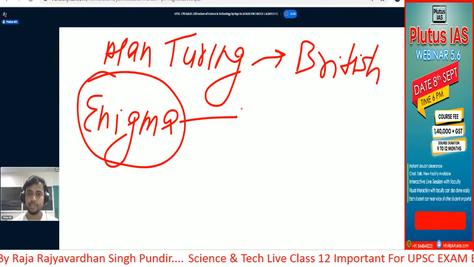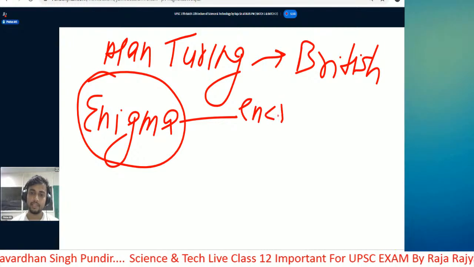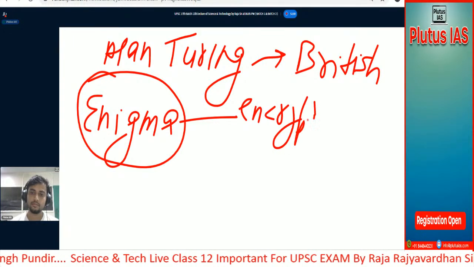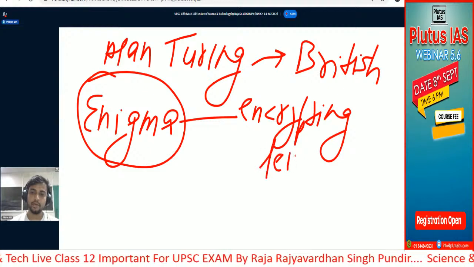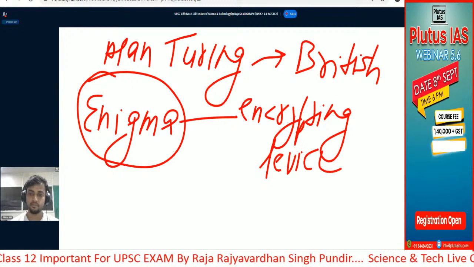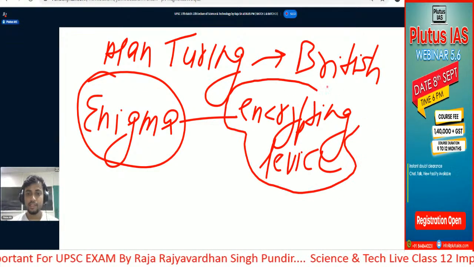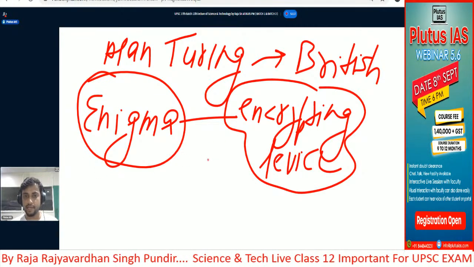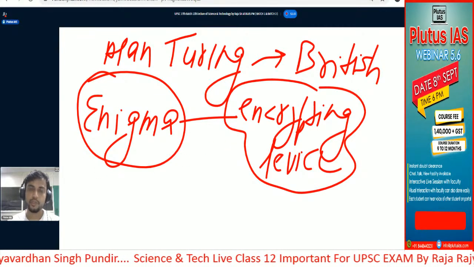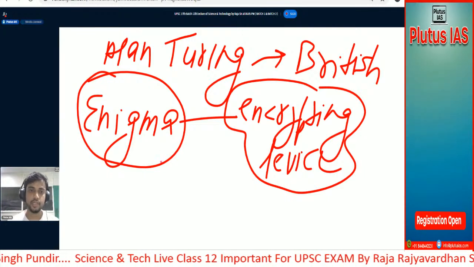It was basically an encrypting device. Nazi Germany was using this Enigma machine to secure their communication.